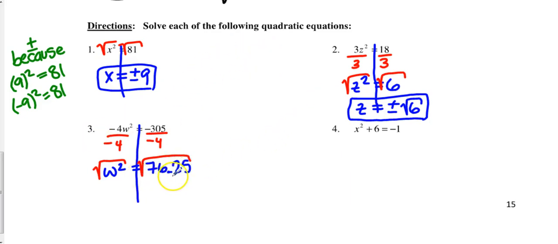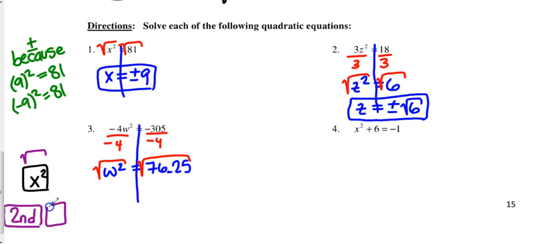Now this, I'm going to use my calculator to keep going. To get the square root button, look for the x squared key on your calculator, and you'll see that right above it is a square root symbol. So to get that, you need to hit second and then hit x squared, and that should get you the square root button on your calculator.